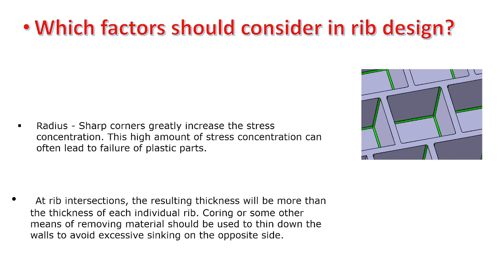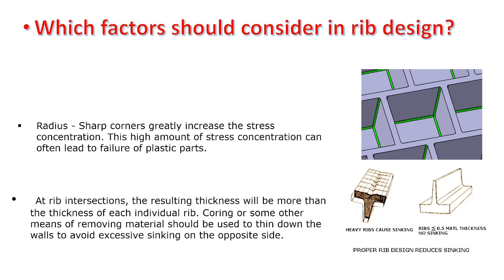So the second point is the chances of sink marks. At a rib intersection, the resulting thickness will be more than the thickness of each individual part. You can see here: the rib thickness is nominal here, and here at the junction of the rib, the thickness is maximum. Coring or other means of removing material could be used to thin down the walls and avoid excessive sinking on the opposite wall.